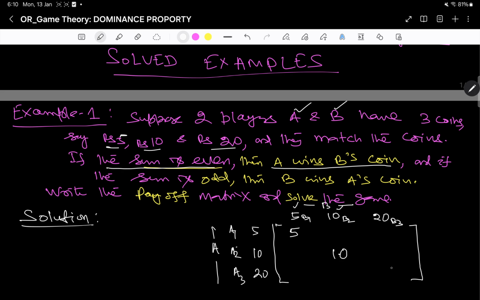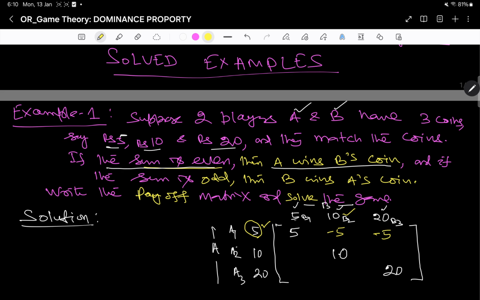Similarly 20 plus 20 is 40, even, so A wins B's coin, which is 20, so it is plus 20. Now if the sum is odd, 5 plus 10 is 15, odd, so B wins A's coin. A's is 5, B wins means minus 5, and 20 plus 5 is 25, so B wins A's coin.